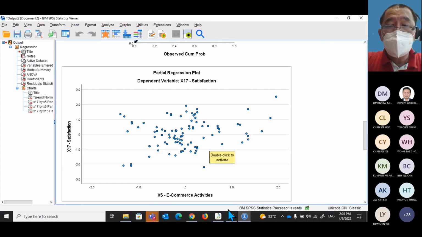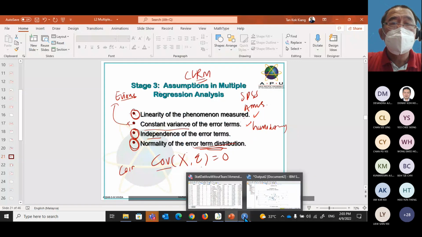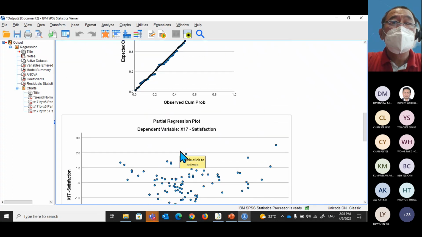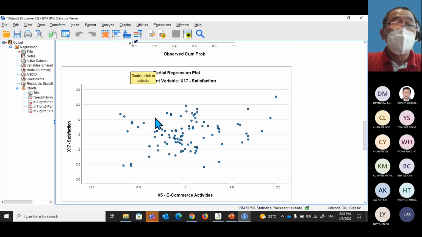This is to test the independence of the error term. You see, it's quite random, meaning you cannot see any pattern.